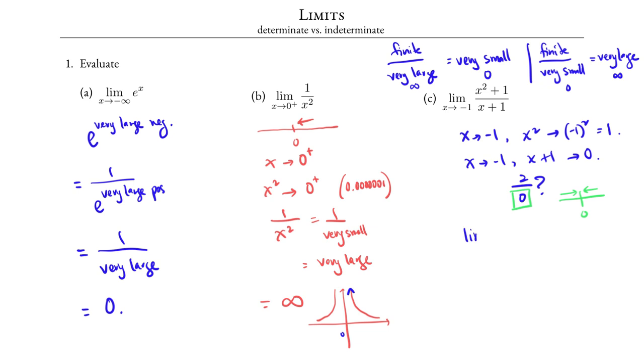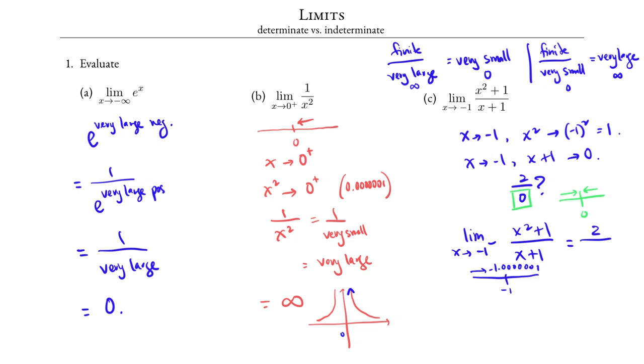And so we take the limit as x goes to negative 1 from the left hand side of x squared plus 1 over x plus 1. We see that the numerator is still 2, but the denominator is a very small negative number, because if we approach -1 from the left hand side, then think of that number as -1.00000001.